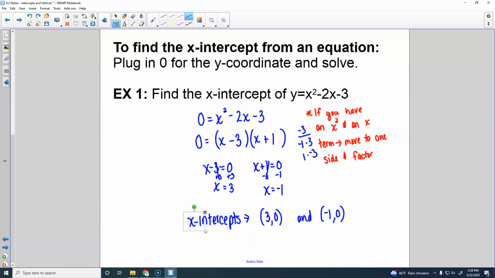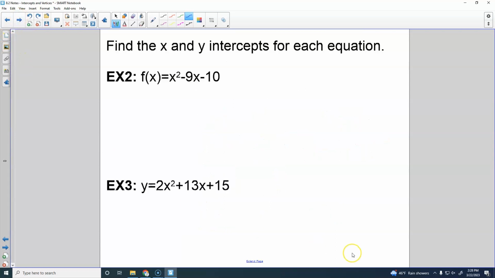Okay, everybody all right here? All right, let's look at the next problems. These problems ask us to find the x and the y-intercepts. So I'm going to do my y-intercept first because it is easy.